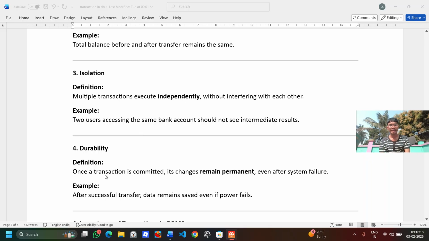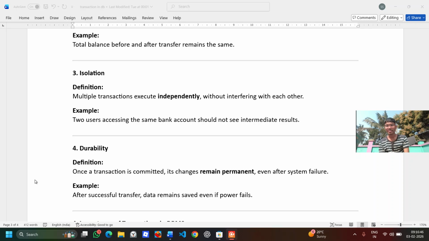Next we will talk about isolation. Isolation describes that we are executing multiple transactions simultaneously, at the same time, but no transaction can interfere with another transaction.